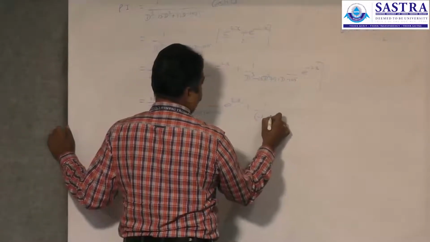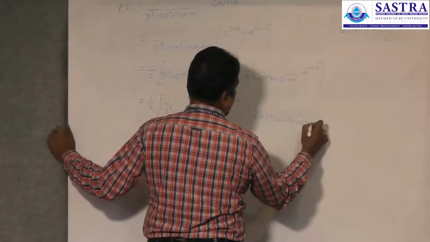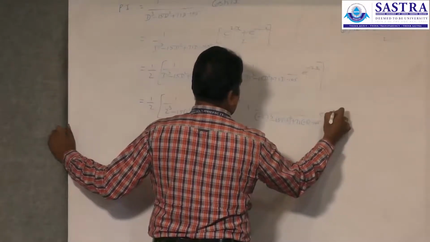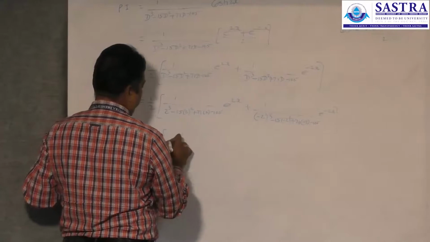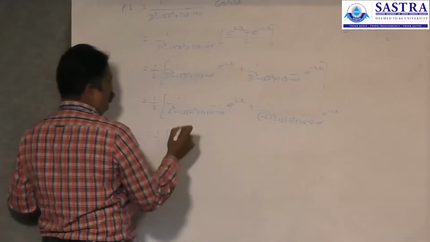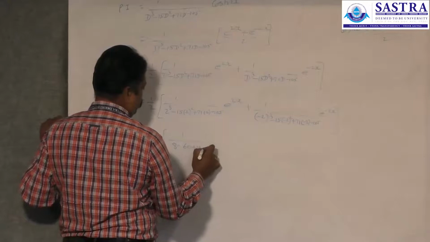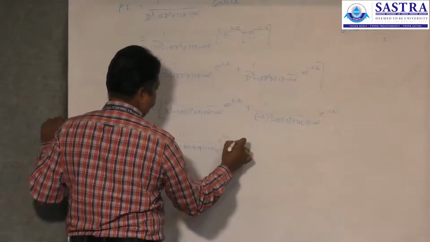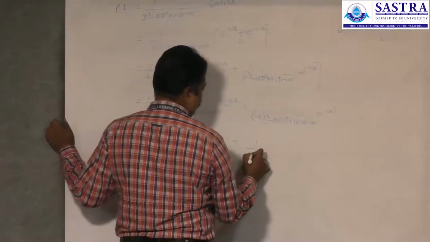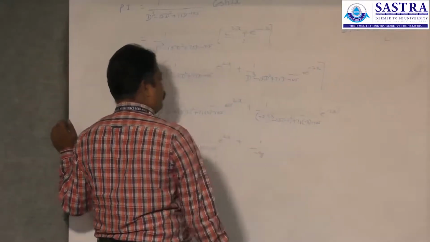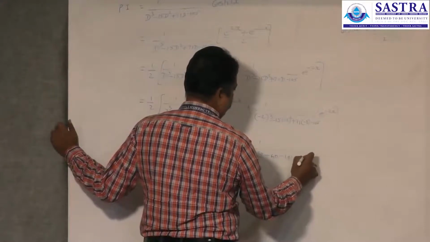We get minus 2 the whole cube minus 15 into minus 2 the whole square plus 71 into minus 2 minus 105, e power minus 2x, which is equal to 1 by 2 times 1 divided by 8 minus 2 square 4, 4 15s 60, 71 2s are 142 minus 105, e power 2x, plus 1 divided by minus 2 the whole cube minus 8, minus 2 the whole square 4 into minus 15 minus 60, minus 142 minus 105, e power minus 2x.